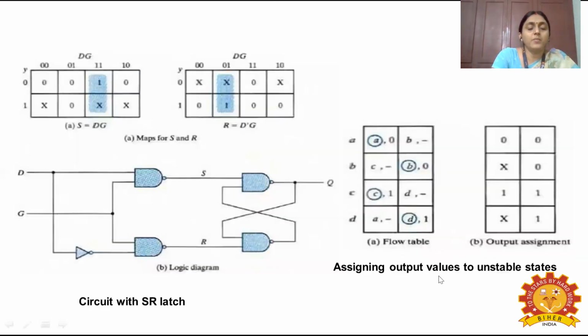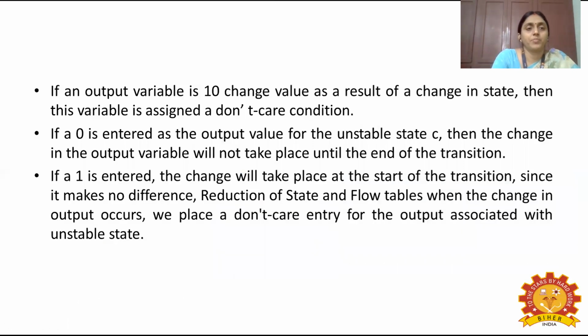And here is the diagram where we can see the circuit with the SR latch, and the assignment of output values to the unstable states is given on the right hand side. The mapping for the S and R inputs is given, and how output values are assigned even to the unstable states is shown in figures A and B on the right hand side. If an output variable changes from 1 to 0, or 0 to 1, as a result of a change in the state, then this variable is assigned as a don't care condition.